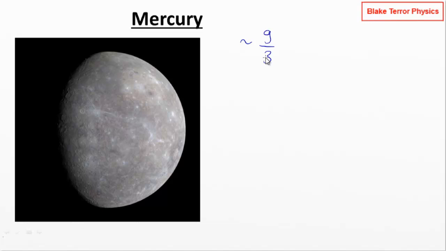Speaking of the moon, if you watch the video talking about tidal locking, there's a similar sort of tidal locking that goes on with Mercury. It doesn't have the same extent where it always has the same face pointing towards the sun, but it has very long days.